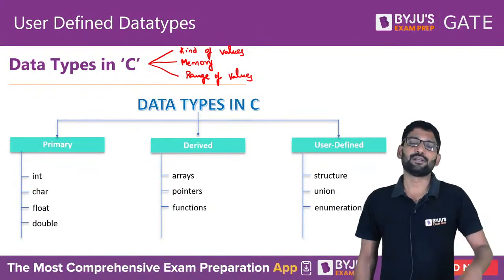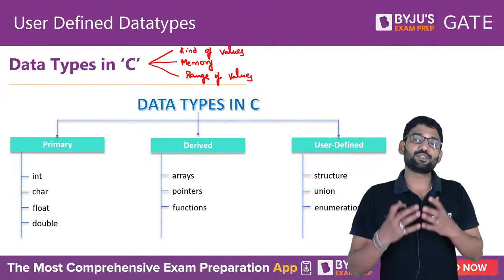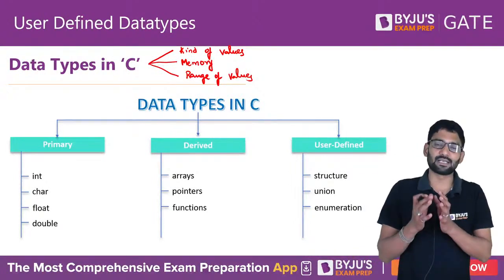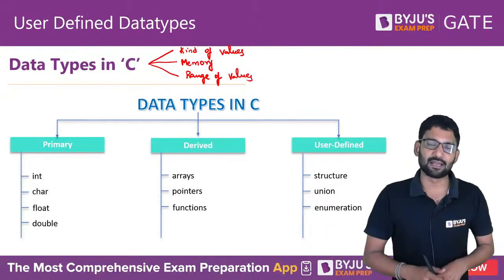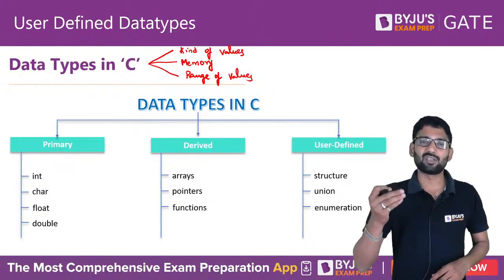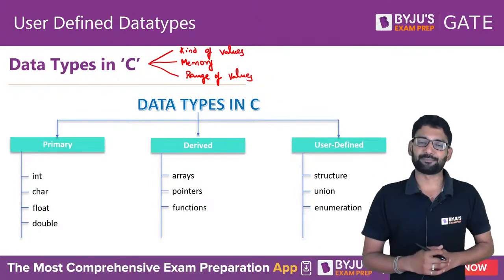Means what kind of data is accepted by the variable, how much memory is needed for storing that value, and in what range you can assign the values for the variable. These three parameters are defined by data type.